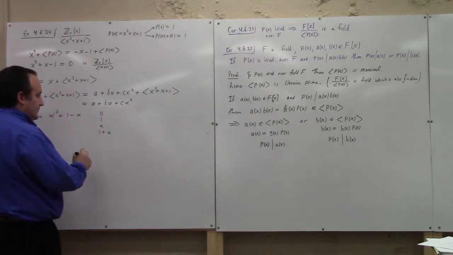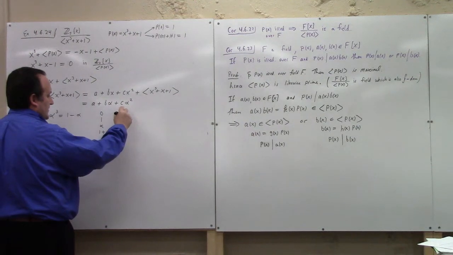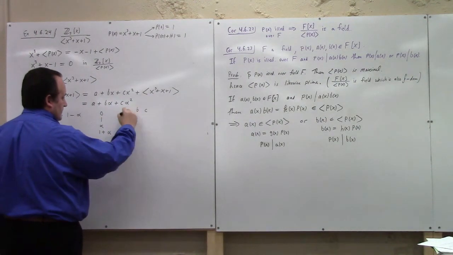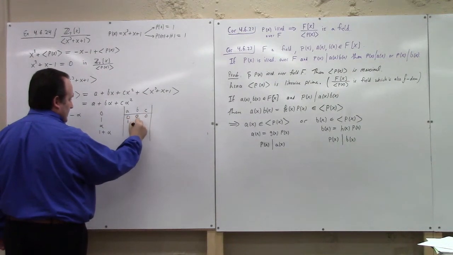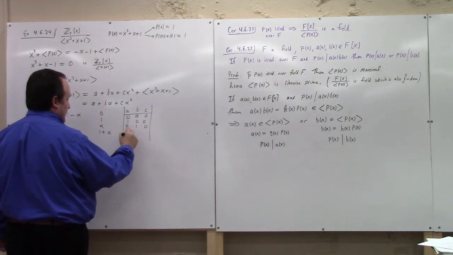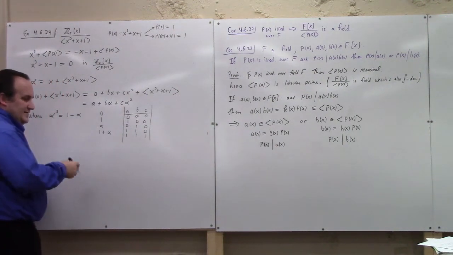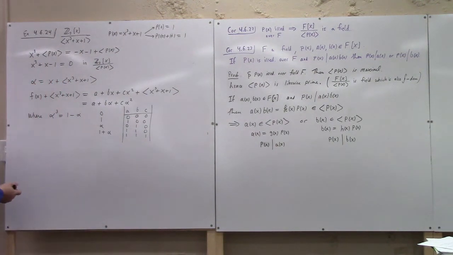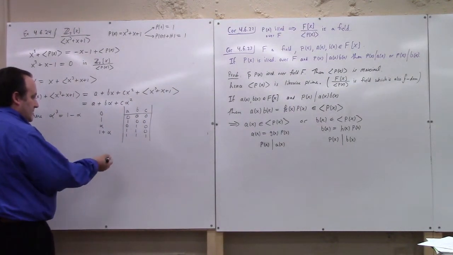With a, b, c, you can do 0,0,0; 1,0,0; 0,1,0; 1,1,0, and so on. I'm not putting these in any particularly good order at the moment. There are 8 choices, so 8 elements to think about here.